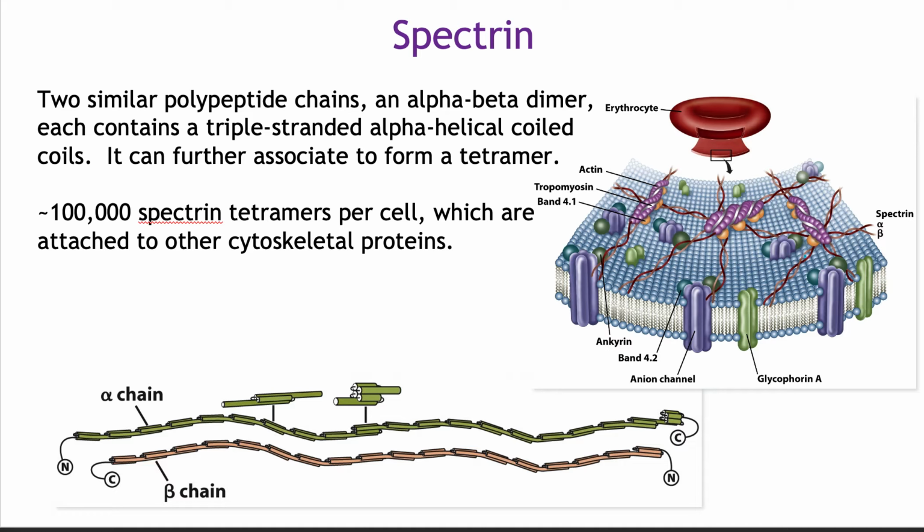All right, and so the cytoskeletal protein spectrin really is associated with various proteins that span the membrane and that are tethered to spectrin, right?